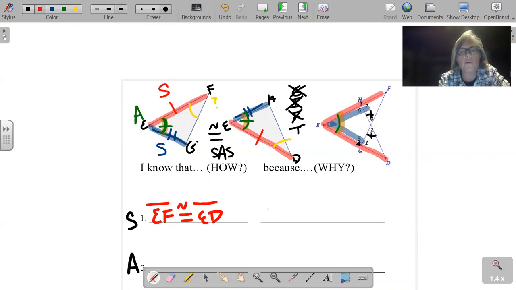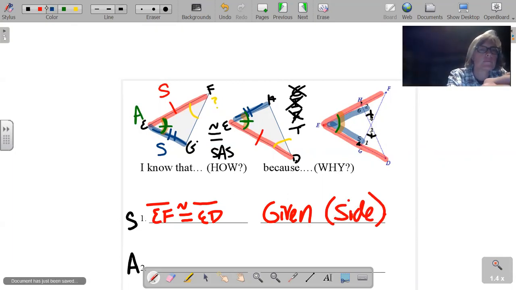So we know those are congruent. Why? It's given. Then we can go for the angle.